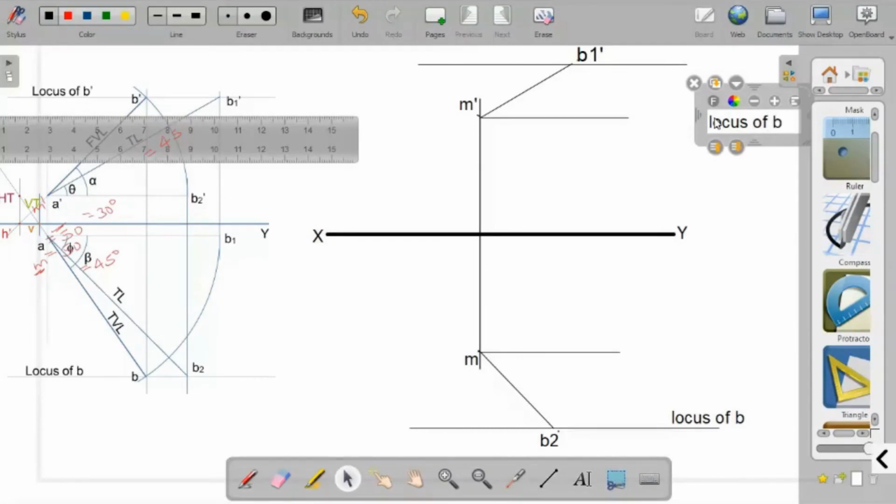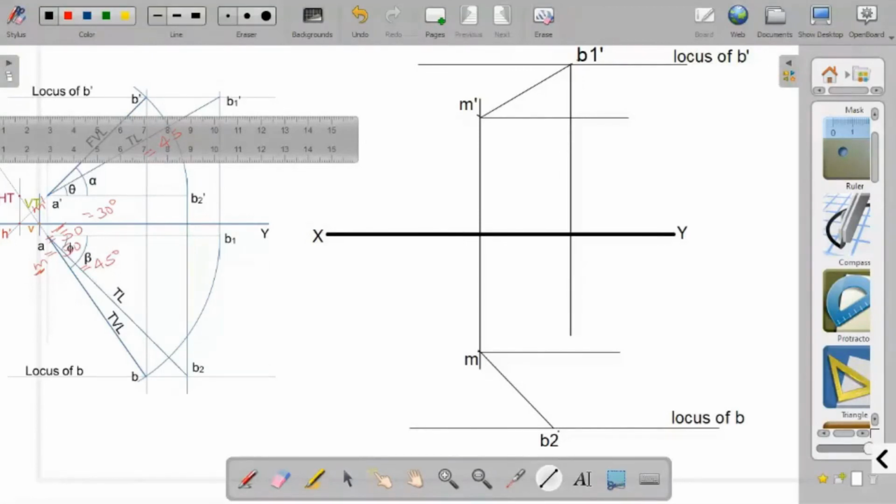Now what we have to do is go from B1 dash to B1. For that, from B1 dash draw a vertical line. So this is point B1.